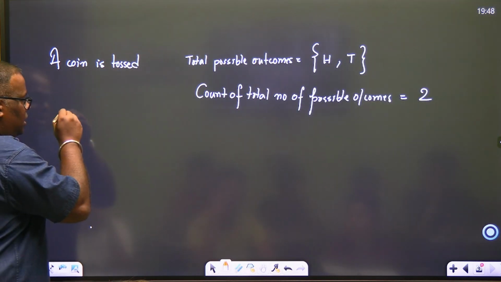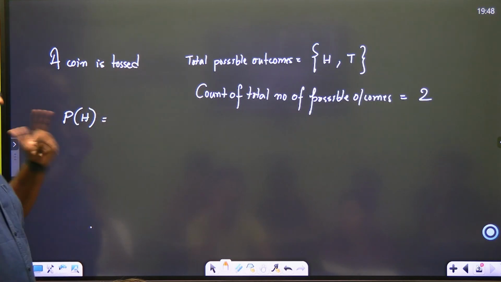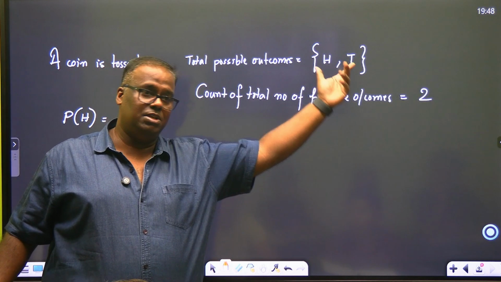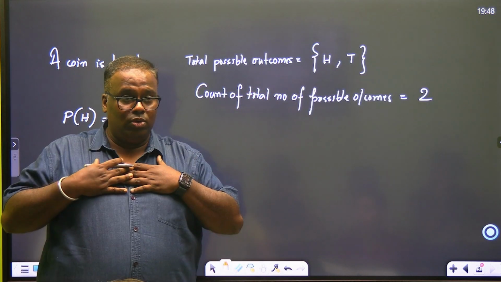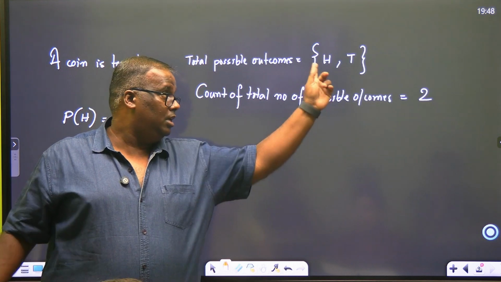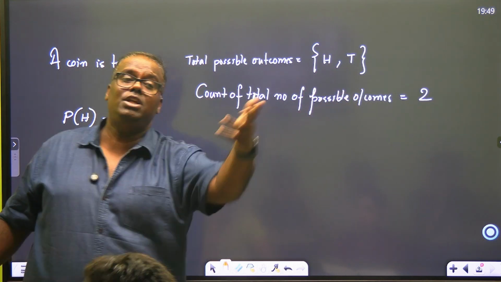Probability of getting a head. अच्छा, head कहां से आएगा? इन दो में से ही आपको आएगा. यही दो तो है, इसी में से ही आएगा. What am I looking for? Head. यहाँ कितने आउटकम्स हैं? 2 आउटकम्स. In these 2 outcomes, how many outcomes favor me?